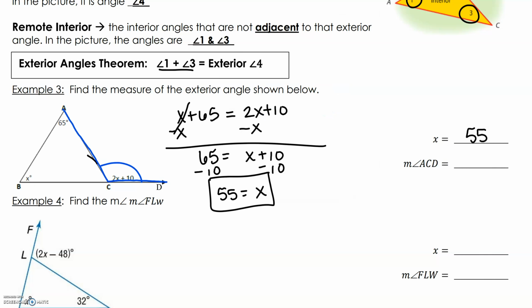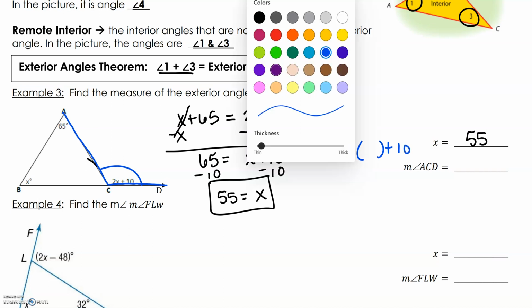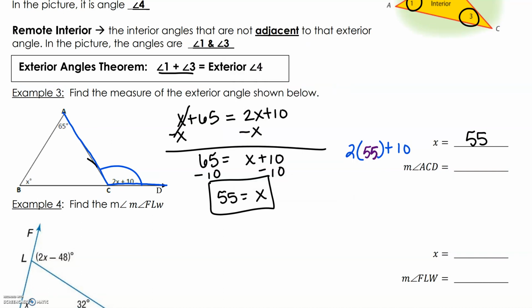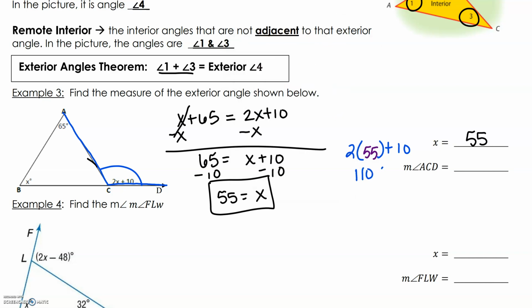ACD, this angle here, which is 2x plus 10. So I'm going to go ahead and plug my 55 in for x and then simplify. So 120 degrees for angle ACD.